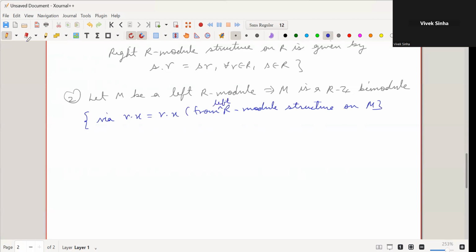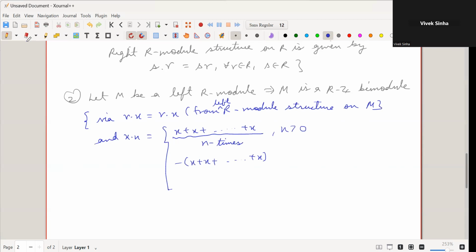And x dot n is just x plus x plus ... plus x, n many times, for n greater than 0, and minus of (x plus ... plus x), minus n many times, if n is less than 0, and this is 0 if n equals 0.